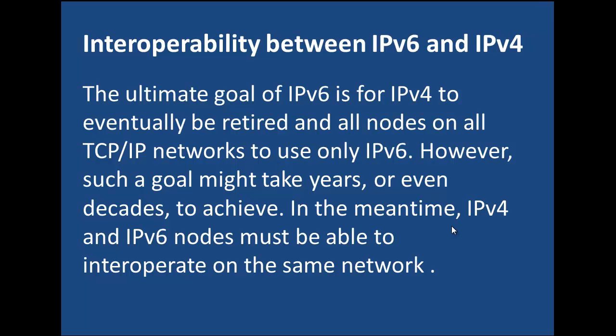And in the meantime, we still need to have IP4 and IP6 being able to work together on the same network. So we want to talk about how we're going to have these two, IP version 6 and IP version 4, coexist on the same network.